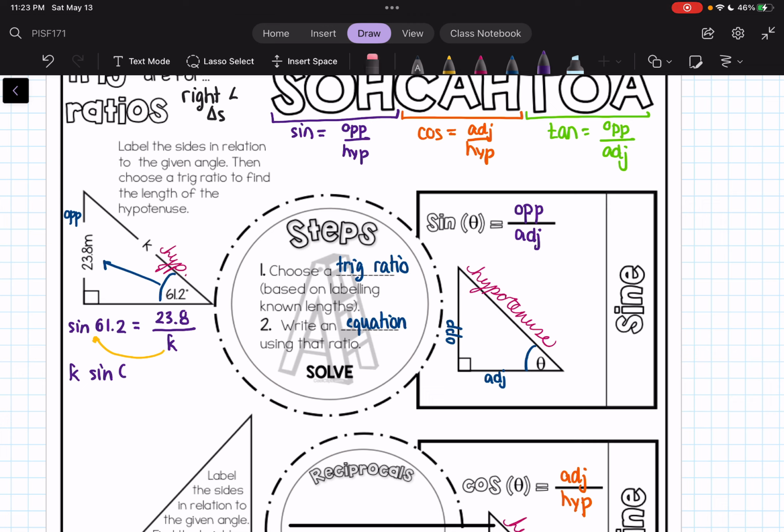Mind you, if you are able to solve in one step, that's fine as well. If you can go from here to here in one step, that's fine.